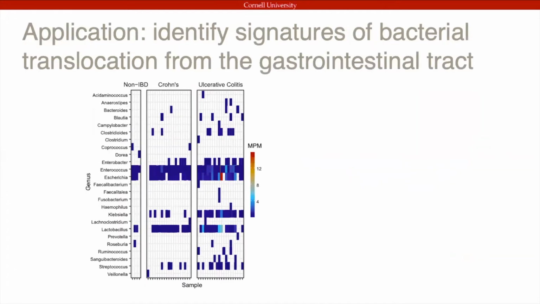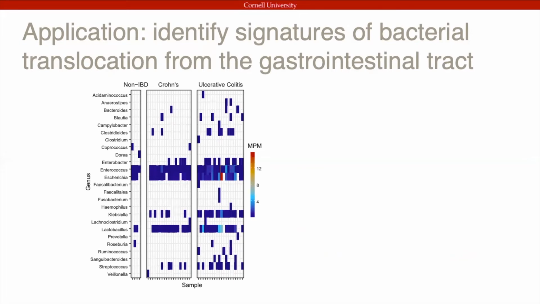One last application, a kind of fun exercise, was to see whether or not we could identify signatures of bacterial translocation from the gastrointestinal tract. For this, we had 44 patients seeking treatment for IBD, for which we had matched plasma and stool samples.